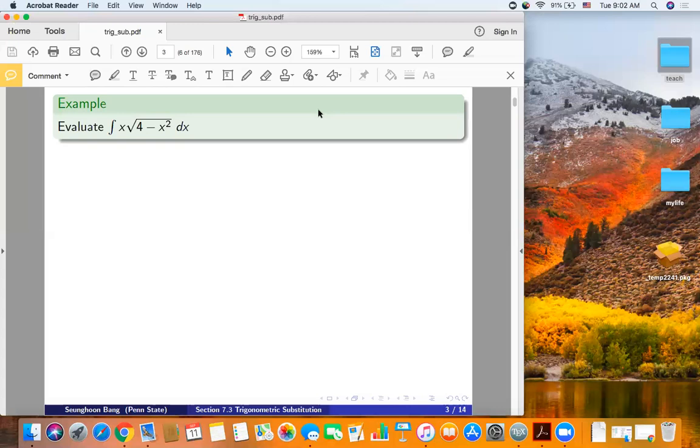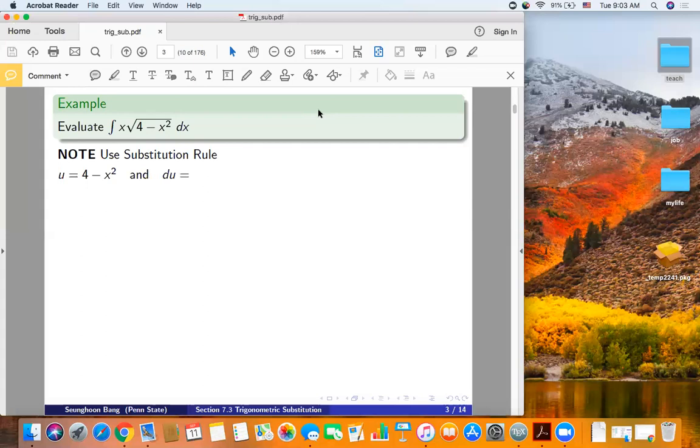The u sub? Yeah, in this case, you have to use u substitution. What is u? You can guess. The u is 4 minus x squared. It's good. To find du, the du is 4 minus x squared prime dx.